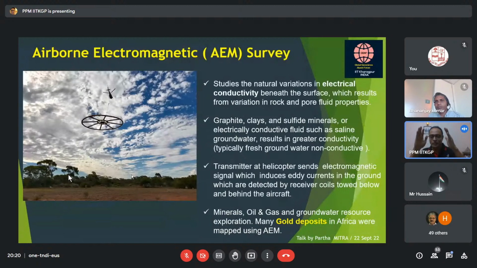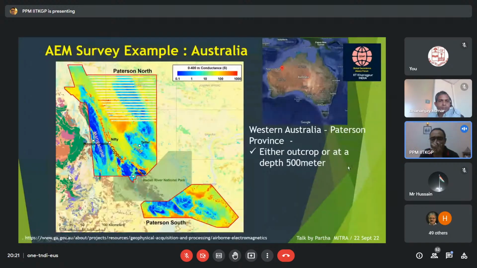Now let us see a map, okay? This is the map of Australia, and the survey area is here. This area is called the Paterson area. This area is divided into two, Paterson North and Paterson South. And let's see what those are. Here the deposits are primarily outcrop or at a depth of 500 meters, okay?